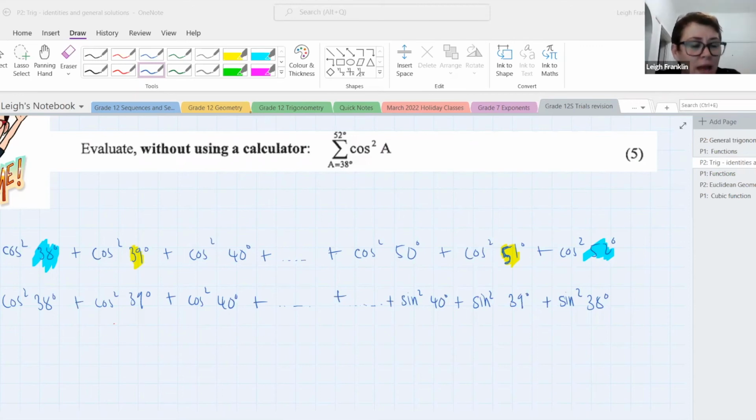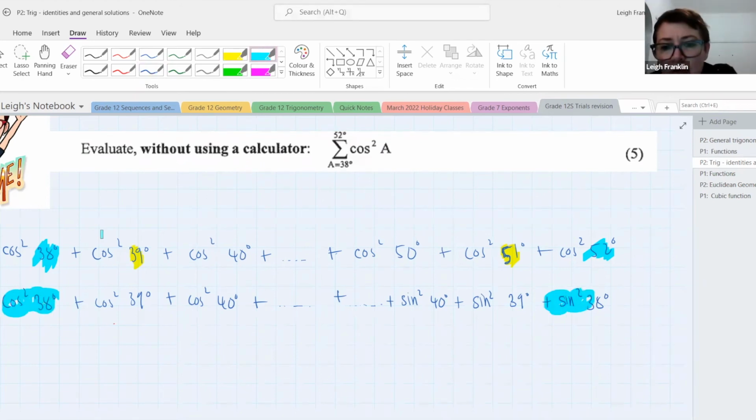Okay, so now, using what we know from grade 11, we know that cos squared 38 plus sine squared 38 is going to be equal to 1. Same thing here: cos squared 39 plus sine squared 39 is also going to be equal to 1.